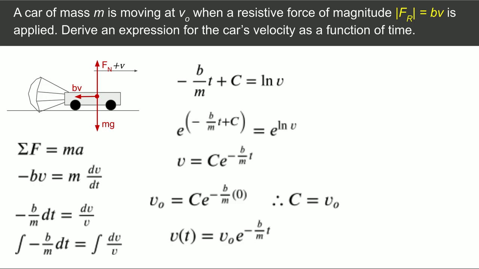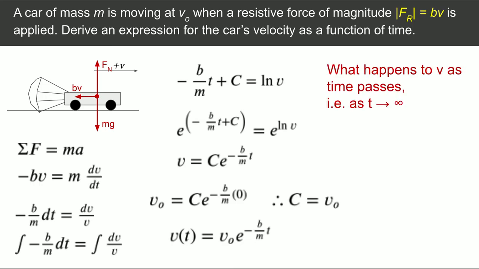Now, what does this mean? What does this sort of function look like? Well, let's consider what happens as t gets really big. We know that when t is 0, the function has a value of v sub 0. But as t gets very large, you have e to a negative large number.